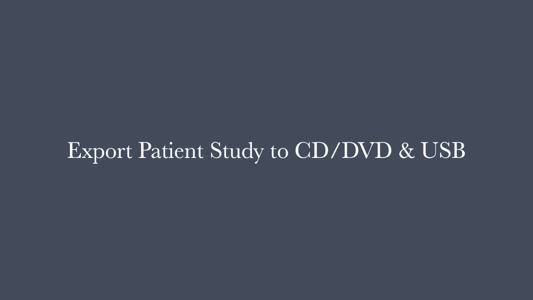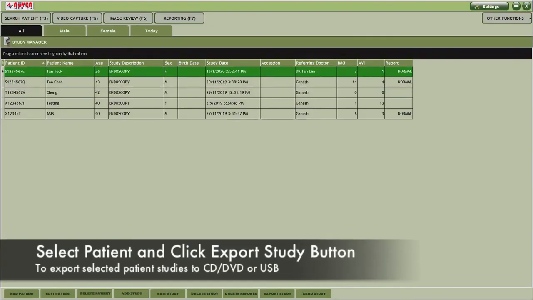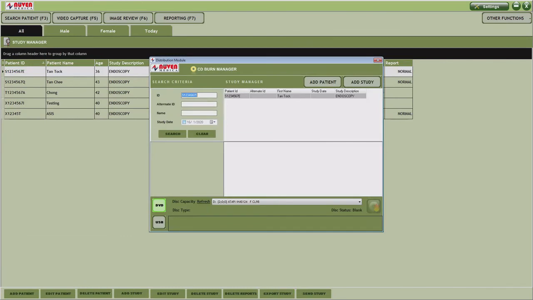Now I am going to explain how to export the selected patient's images to CD, DVD or USB. Select the patient and click export study, or right click on the patient to export study, which will take you to another pop-up window that shows the patient you selected.